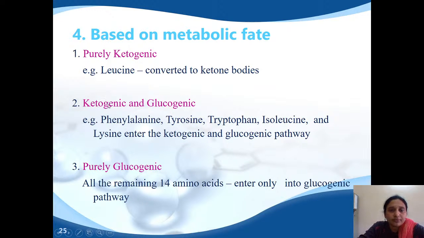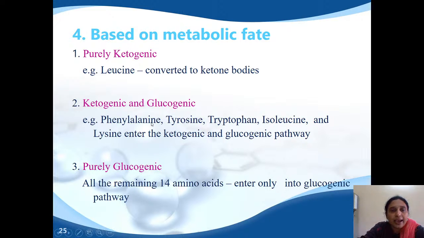And the next one: both glucogenic and ketogenic means the carbon skeleton of these amino acids may serve as the precursor for the synthesis of both glucose and ketone bodies. Those are called both glucogenic and ketogenic. Out of the 20, 5 amino acids are both glucogenic and ketogenic.